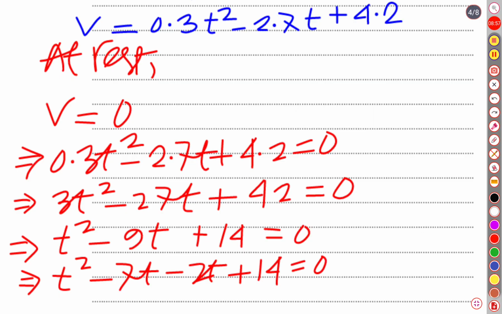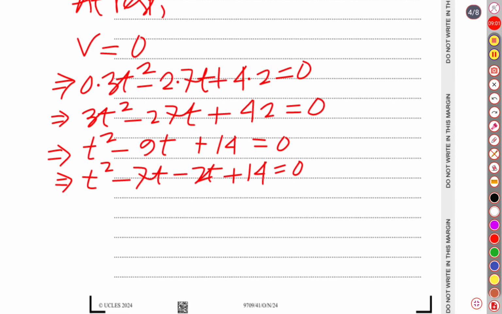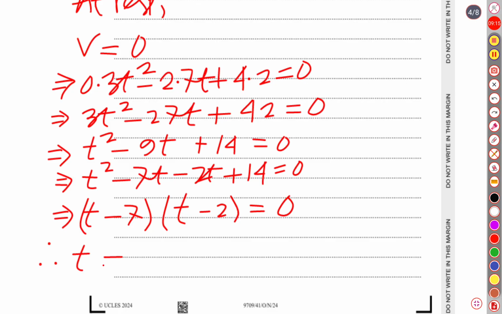If we factorize this, the first factor is t minus 7 and the second factor is t minus 2. Hence our time when velocity was 0 is at 2 second as well as 7 second.